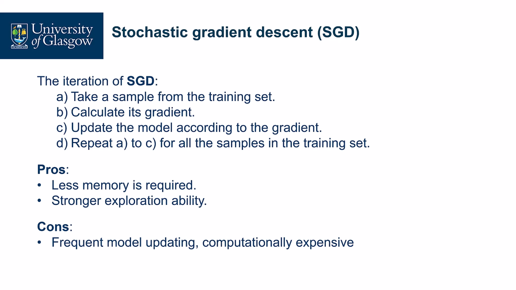In BGD, the batch gradient descent, we only update the model one time after all the samples are used. But this time we need to update the model one sample at a time, so we need to update it n times. So this is computationally expensive. And also in this case, the gradient is noisy, and so it causes slower convergence.